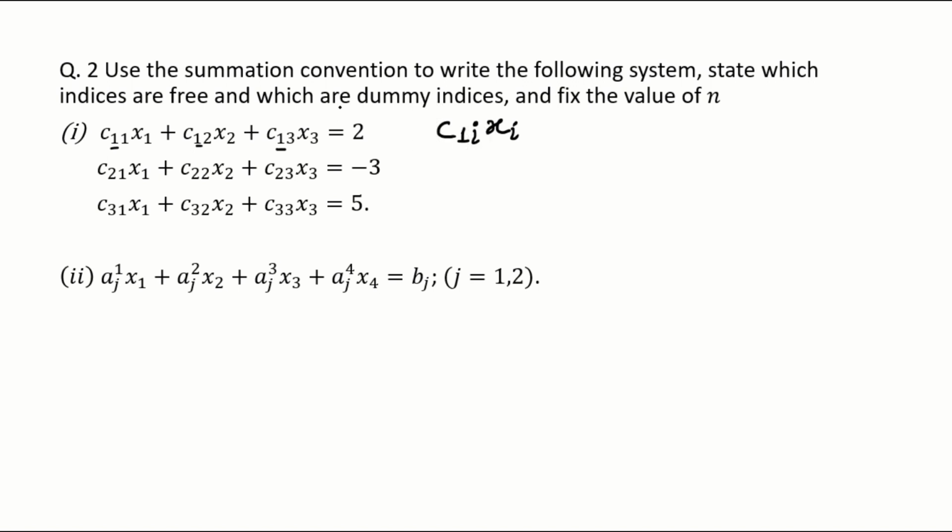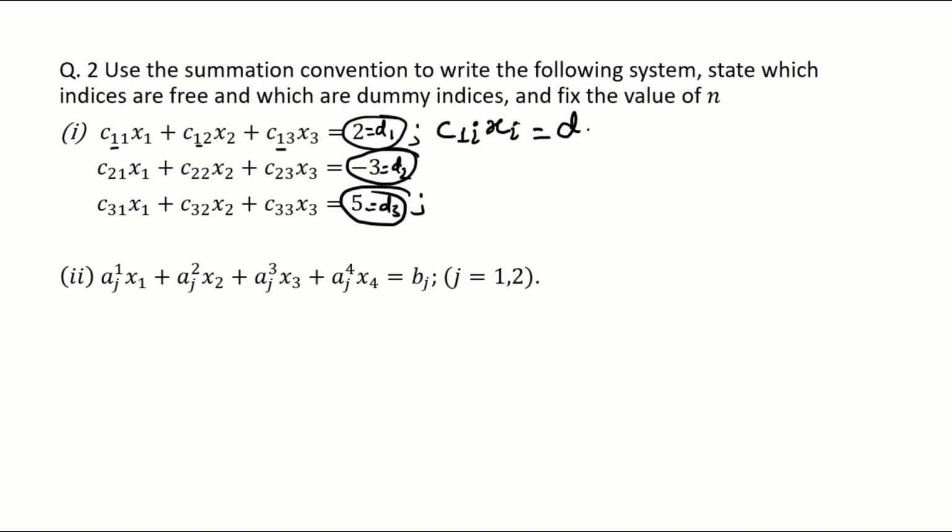And let us say this is your D1, let us assume this is D2 and this is D3. So D1 is 2, D2 is -3 and D3 is 5. So what I can write, first equation: this expression represents the left hand side of this equation and the right hand side is 2, so let us write D1.